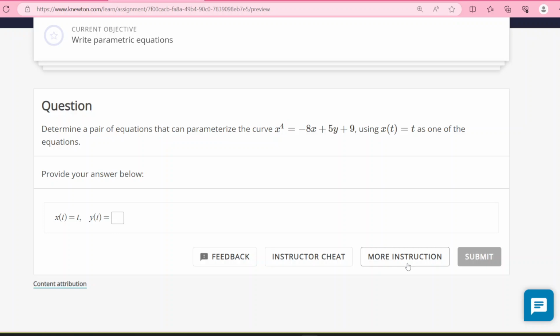And then you'll be given questions that are related to that instruction. And you can work on those questions while the instruction is still up, so you can keep referring back to it for help. And you can work through the entire assignment this way. Every time more instruction comes up, you can click on it, work through a problem, and keep making progress in the assignment.